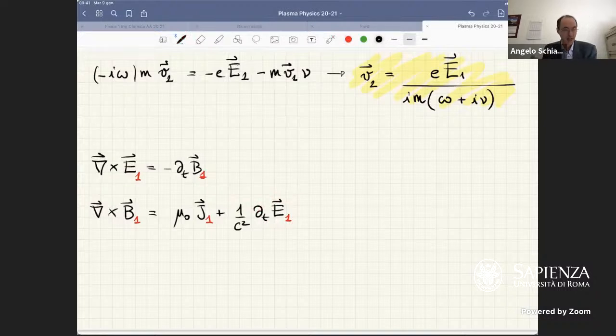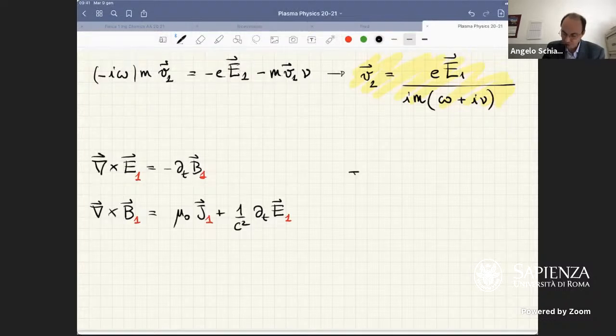Okay, as usual, what we do is take the curl of one of these two curls in order to get to the wave equation. Before that, let's write the current density as well.